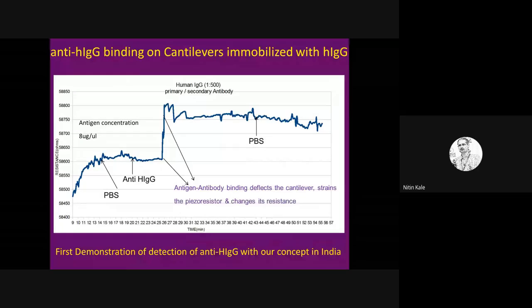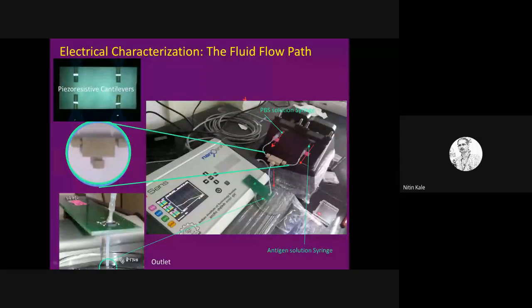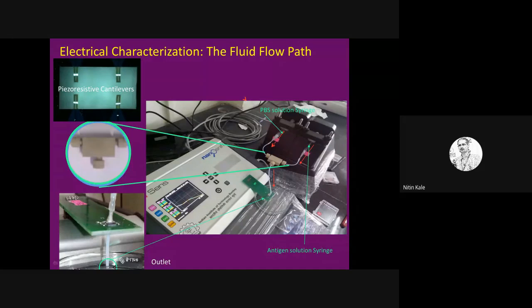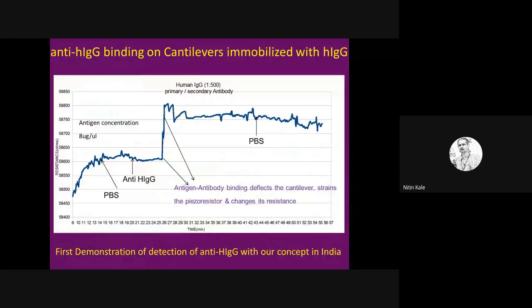When you push in the antigen, it flows from here to here, it takes some time. And after some time, you will see that the cantilever has deflected. It indicates by a change in its resistance. So this is what we were looking at.